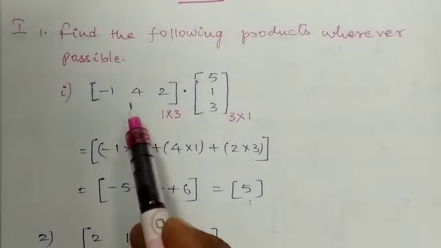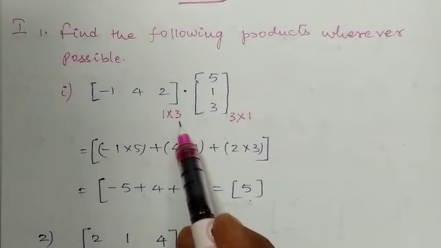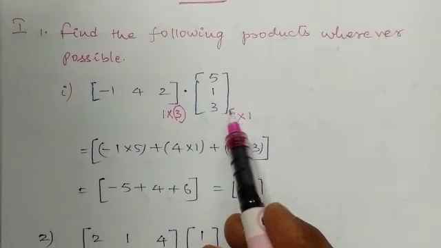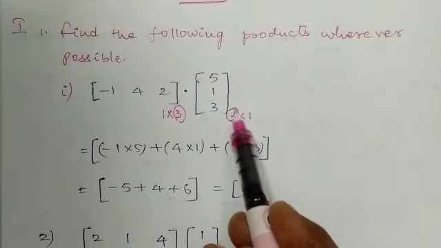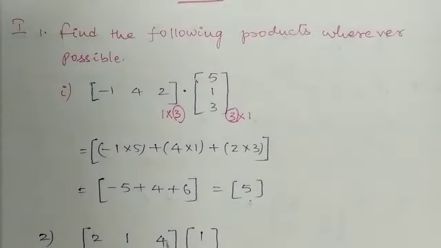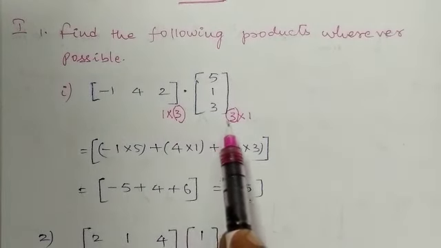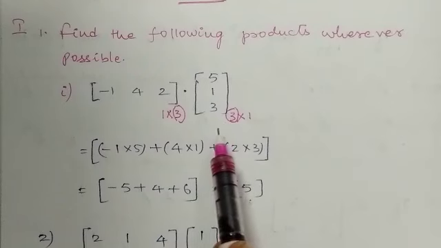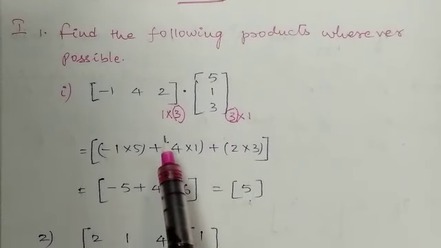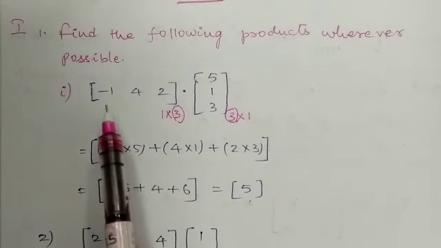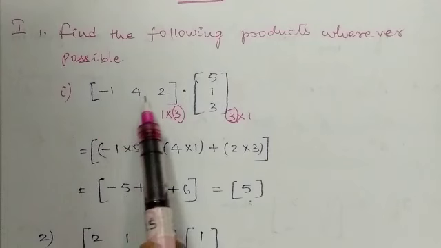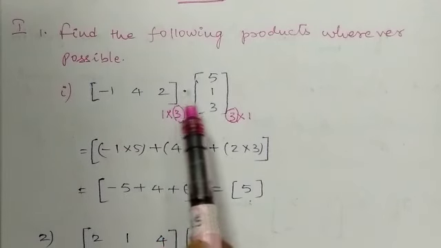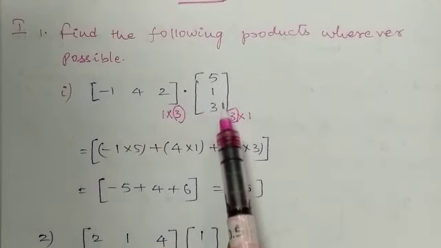In the first matrix, number of columns are same as number of rows in the second matrix. If these two are same, then multiplication is possible. How to multiply? Row of this matrix is multiplied to column of this matrix.